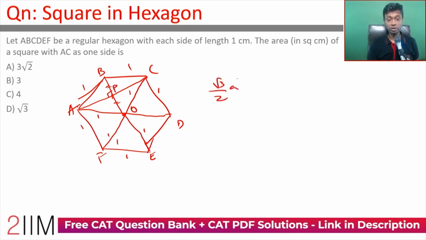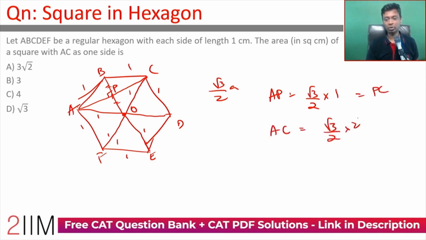So we call this P. So AP equals root 3 by 2 into 1, which is PC, or AC measures root 3 by 2 times 2, which is root 3 centimeters. Area of a square with AC as one side, with root 3 as one side, root 3 into root 3 is 3. This will be the area.